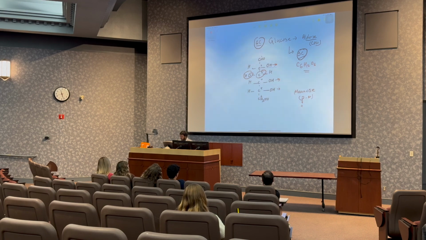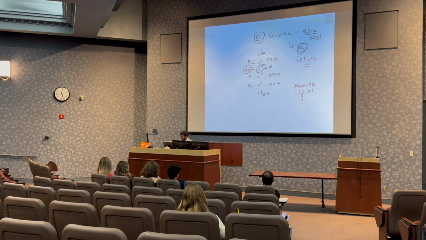Second carbon is here. What's the difference? OH is on the left side. So let me erase this one, and put OH over here and H over here, and this is mannose. Is this L mannose or D mannose? D mannose. Why D mannose? Because at the fifth carbon, the hydroxyl group is on the right side.